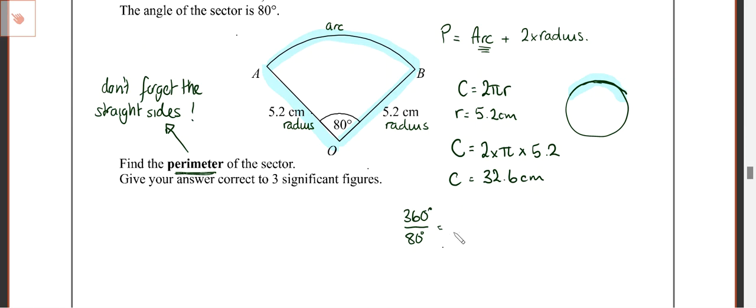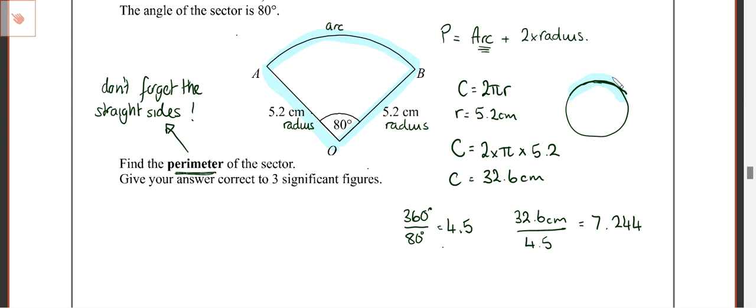So then we do 32.6 centimetres divided by 4.5 gives me 7.244. We only want 3 significant figures, so 4 is good.